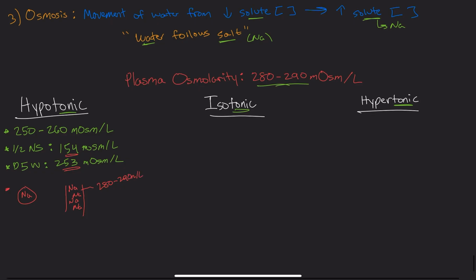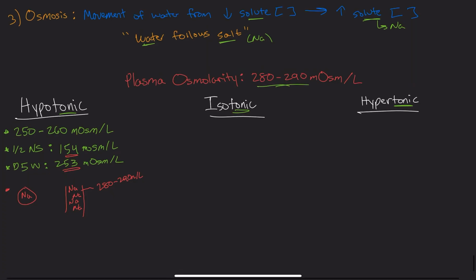So how these hypotonic fluids work: if we can remember, water follows salt. So water is going to move from an area of low solute to high solute concentration. Right now you can see sodium concentration is much higher in the blood vessel than in the cell. But by giving hypotonic fluids, you're basically giving free water inside the blood vessel.